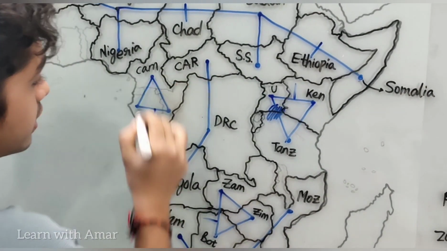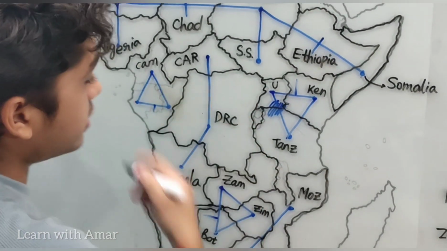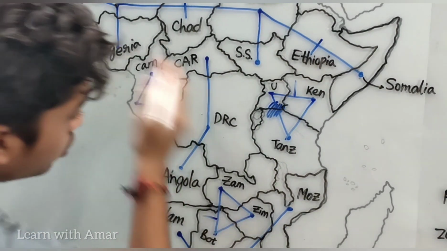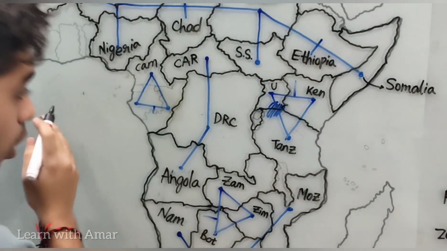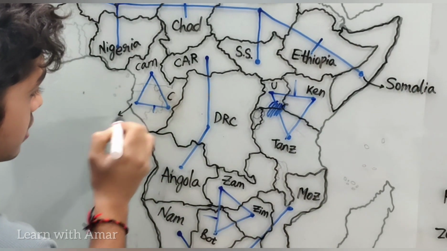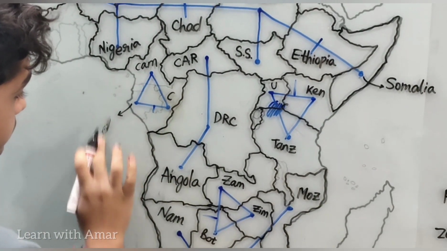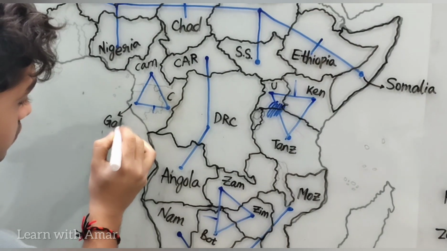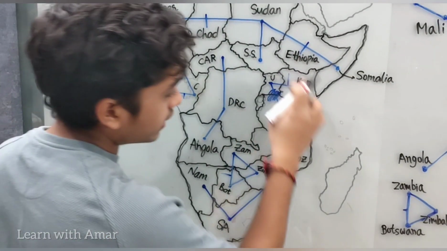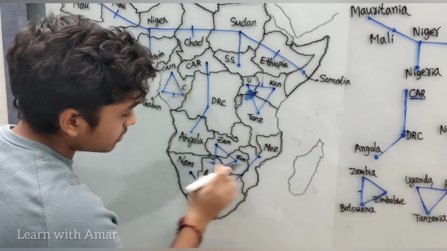You can see that our convention is that the countries are in clockwise direction. So Cameroon, this is Congo and this is Gabon. The same goes with the other arrows also. Uganda, Kenya, Tanzania clockwise, Zambia, Zimbabwe, Botswana clockwise.